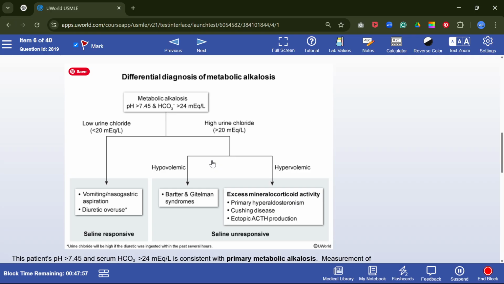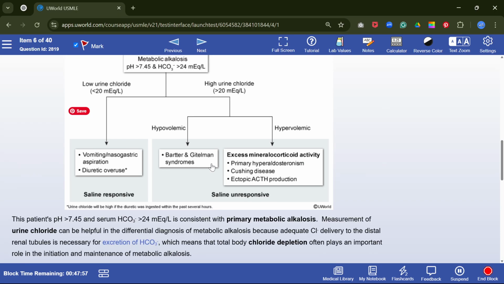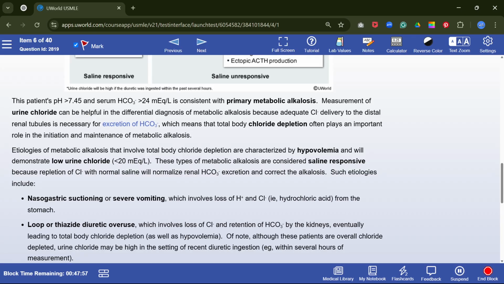If it is hypervolemic, it may be excess mineralocorticoid activity: primary hyperaldosteronism, Cushing syndrome, ectopic ACTH production. This patient's pH is more than 7.45 and bicarbonate is more than 24, consistent with metabolic alkalosis.